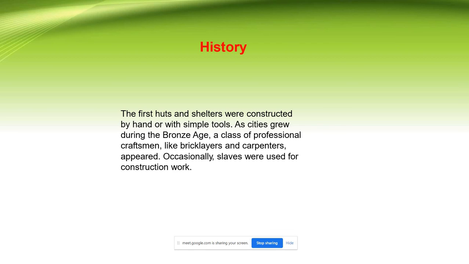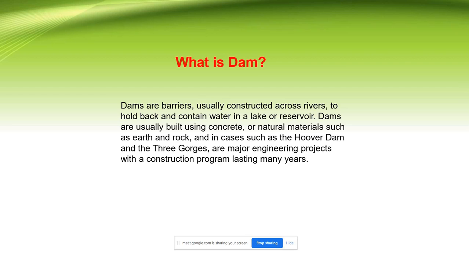Dams are usually built using concrete or natural materials such as earth and rock. Cases such as the Hoover Dam and the Three Gorges are major engineering projects with a construction program lasting many years.